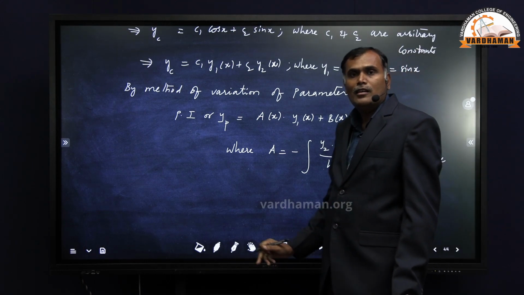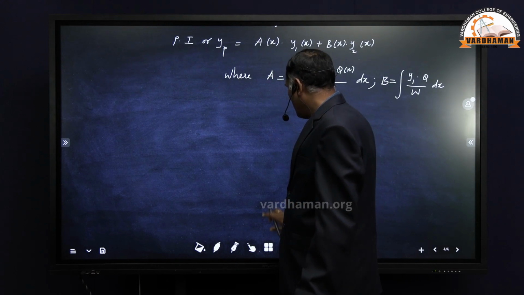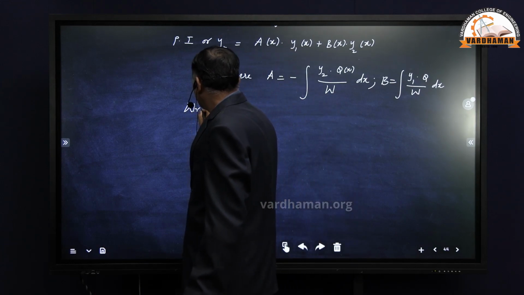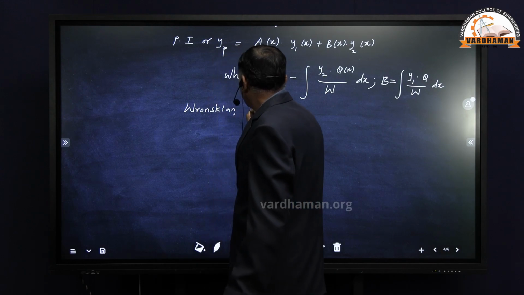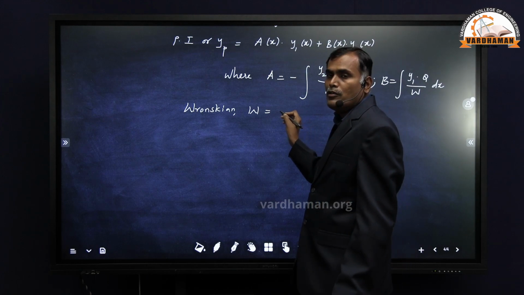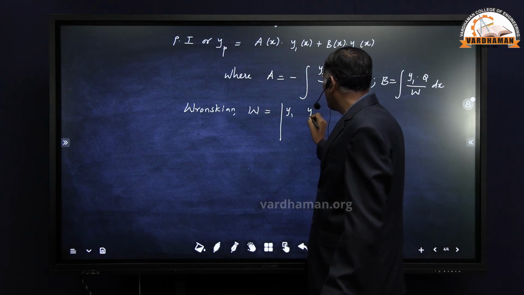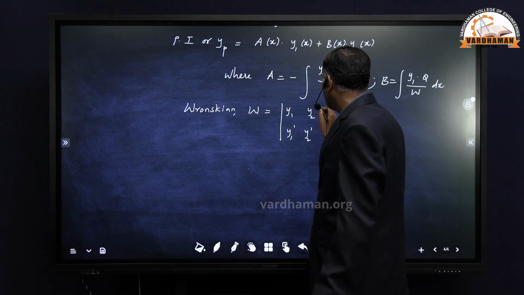Now let us find what the Wronskian is. The Wronskian is given by W, or you can write W of y1 comma y2, equals the determinant of y1 y2, y1 prime y2 prime.